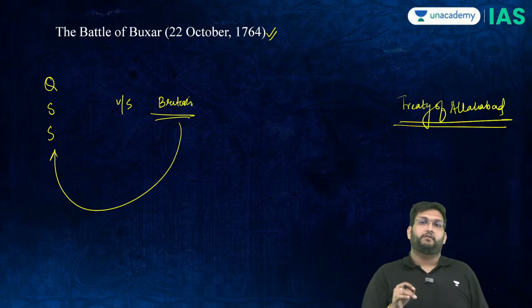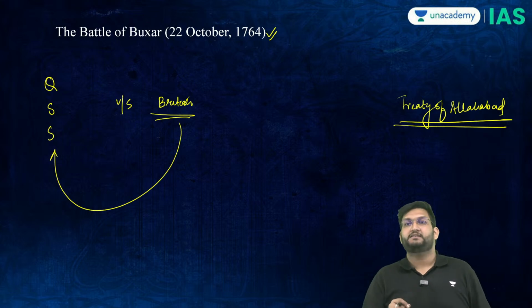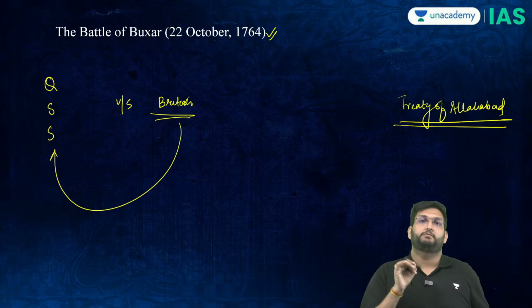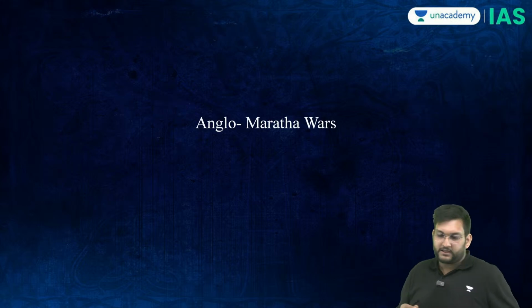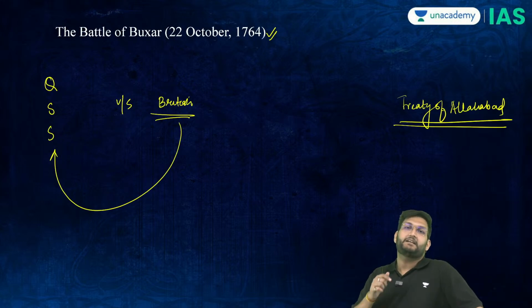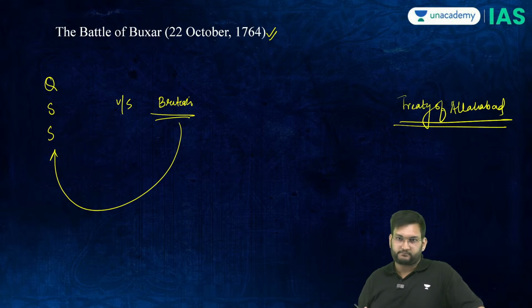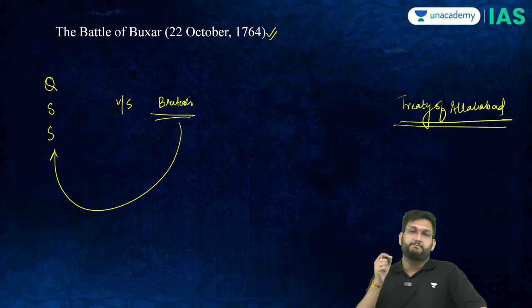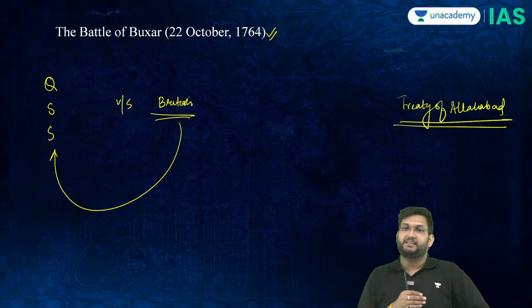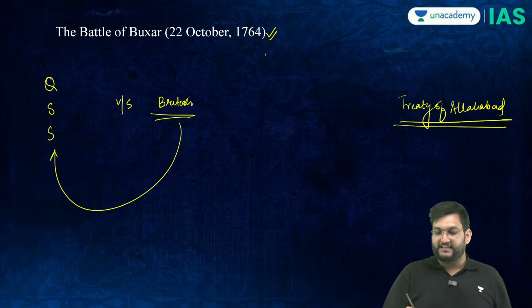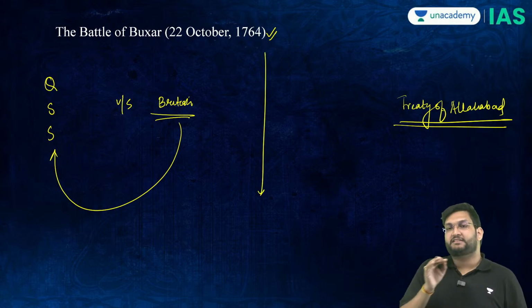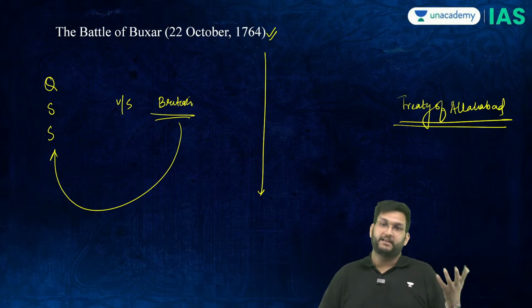Now, in the Treaty of Allahabad, the most important concession given to the British is the Diwani rights of Bengal, Bihar, and Orissa. And this is where it is believed that the foot which was in the door through Plassey, Buxar was more decisive, because Shah Alam II is going to become a pensioner of the English.